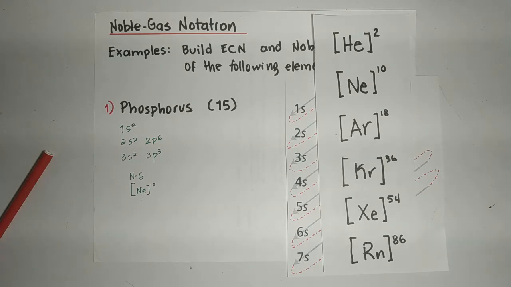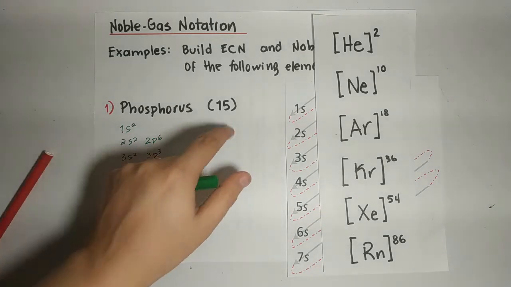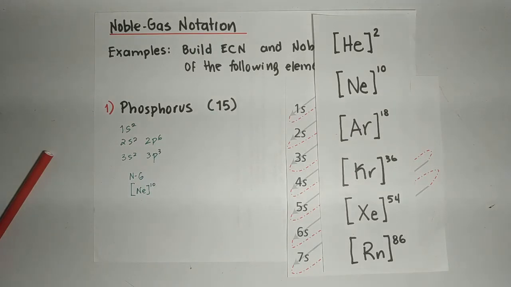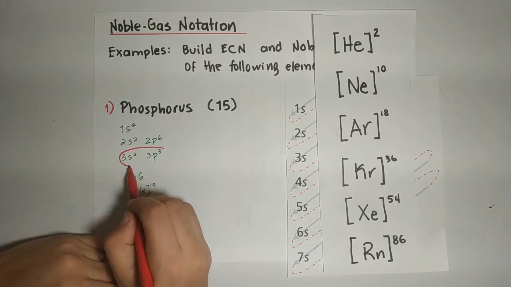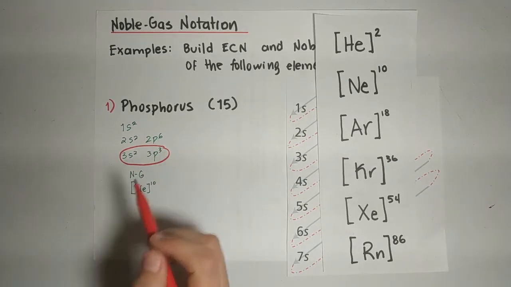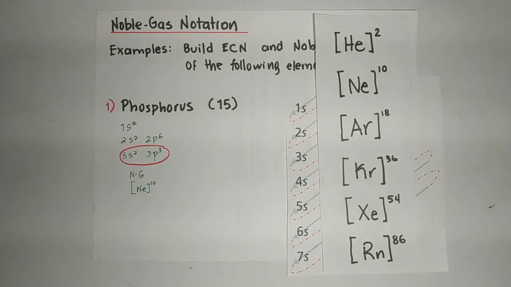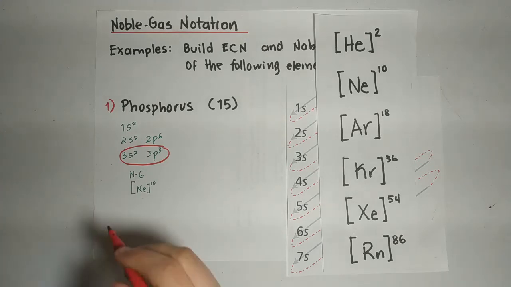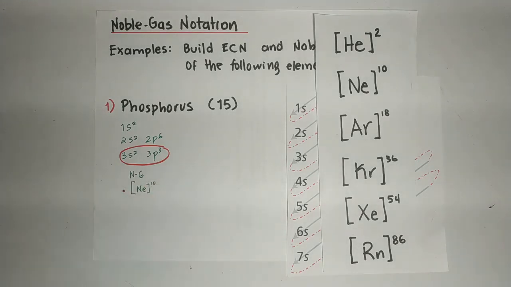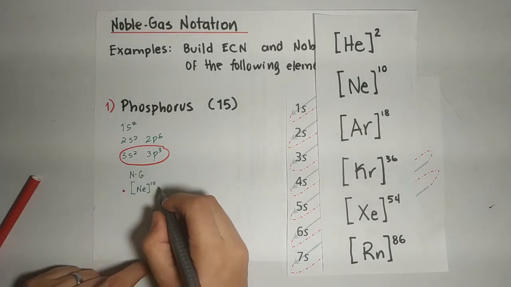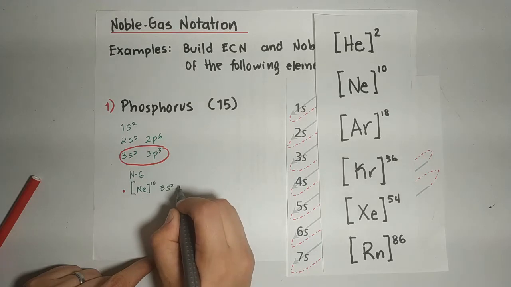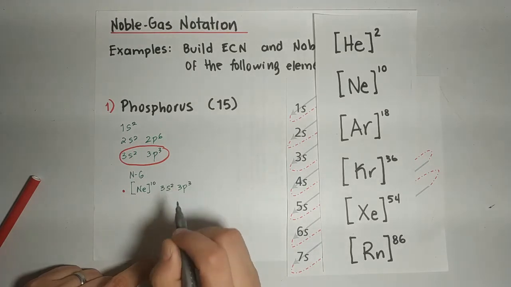So how many electrons am I missing to get phosphorus? I'm missing 5 electrons. Those 5 electrons are the same 5 electrons that I have in my last steps when I was building my full notation. So I will just complete the noble gas notation with the 5 remaining electrons: 3s2 and 3p3.